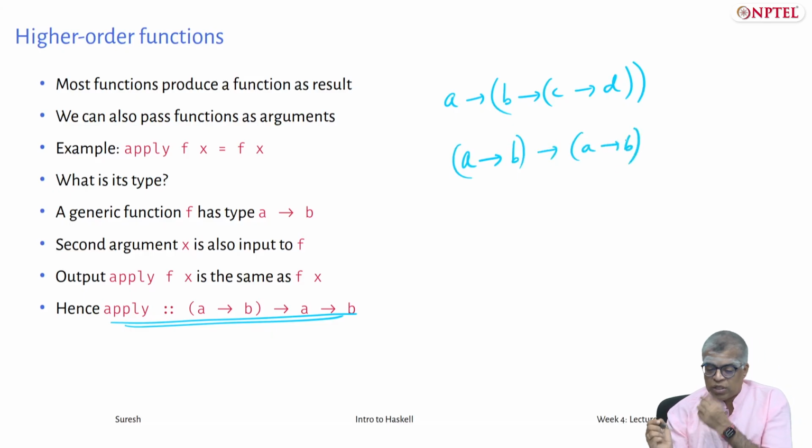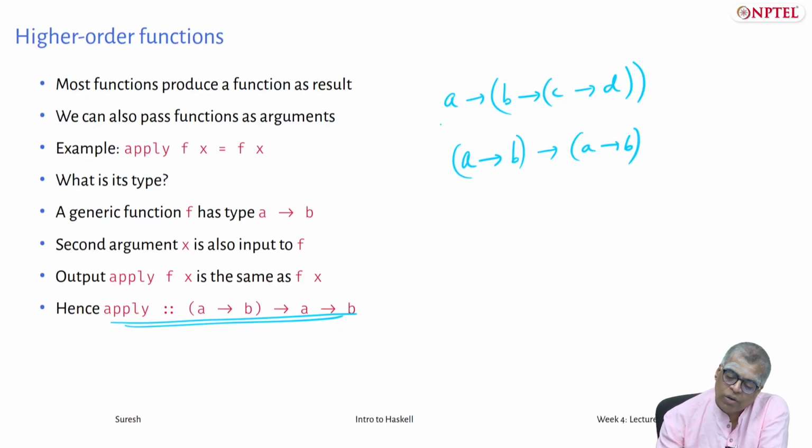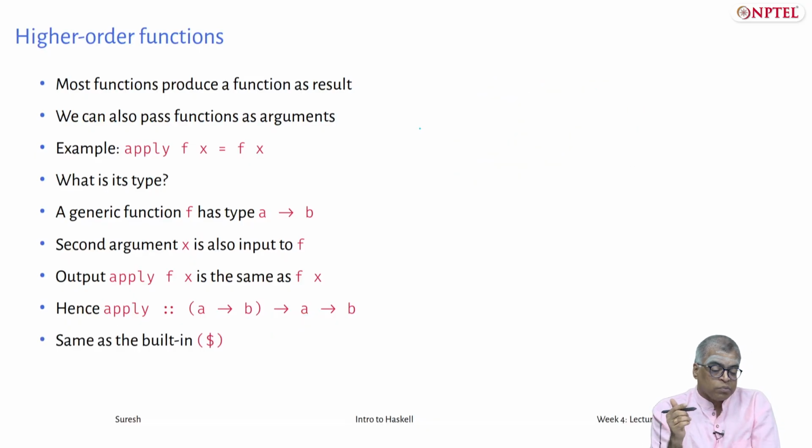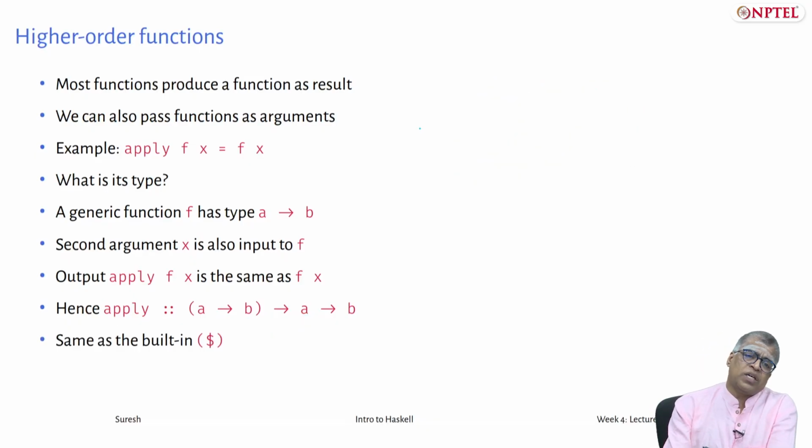This is the fully parenthesized form of it. So your general function will have type A arrow, B arrow, C arrow, D. If one of these A, B or C itself is a function type, then it's a higher order function, right? Which means that it takes a function as one of its arguments.